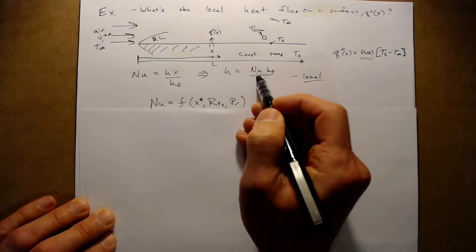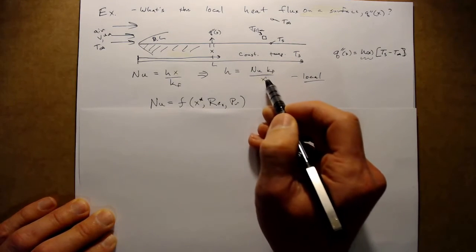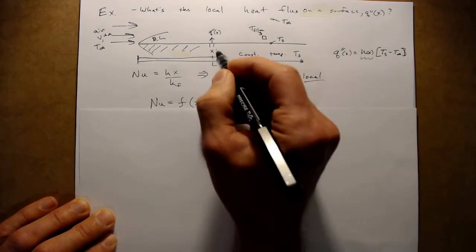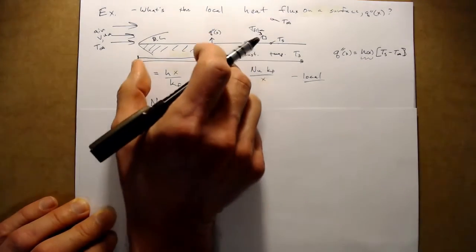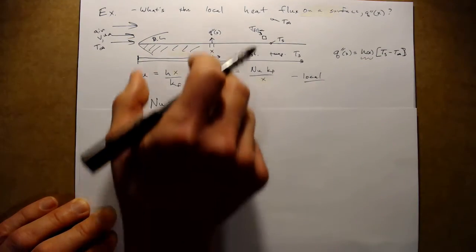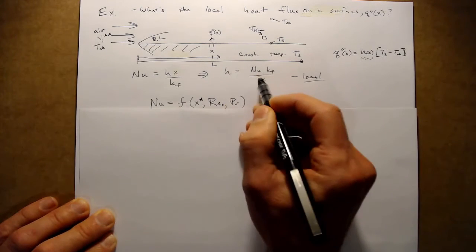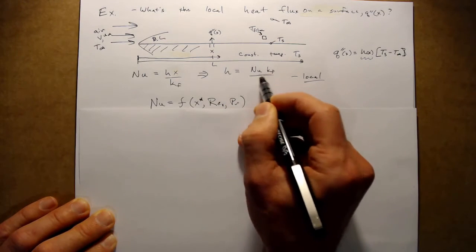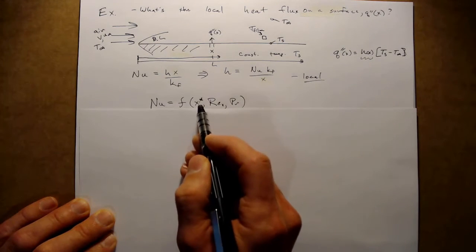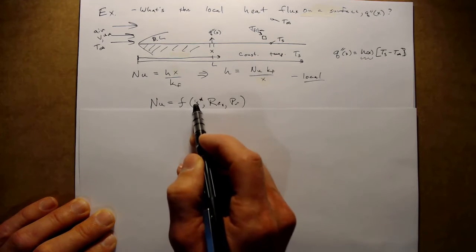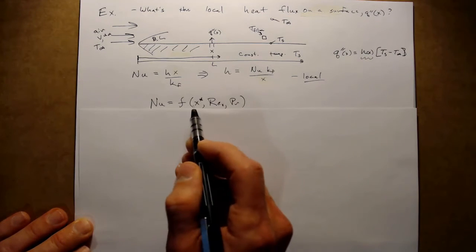If we know Nusselt number, then we can say local H is just the thermal conductivity divided by the length scale. And since we're interested at a position of X, the obvious length scale that we're interested in here is the distance from the leading edge of the plate, or our position X. So we're going to calculate H as the Nusselt number times the thermal conductivity divided by X. And we know that the Nusselt number is a function of the local position and the Reynolds number and the Prandtl number.